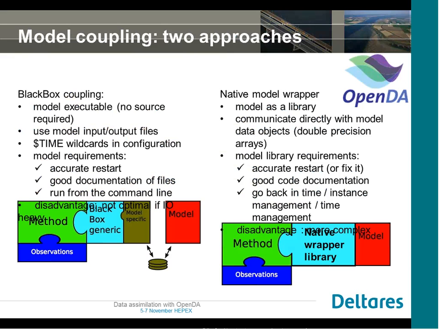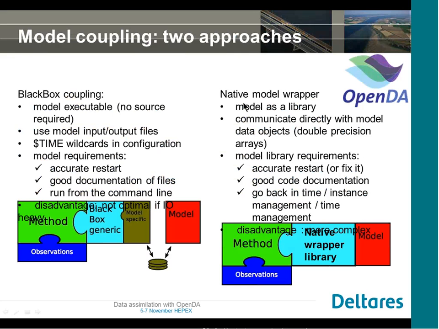You can couple your model in two different ways. Black box, if you don't have the code available, you use a black box coupling approach. You just use the model input and output files and state files, and you have to write some tools to read and write these files, and stop your model, etc.